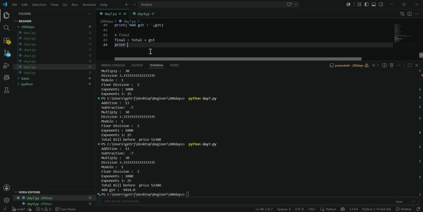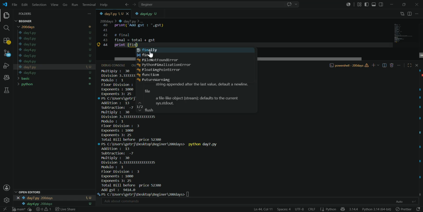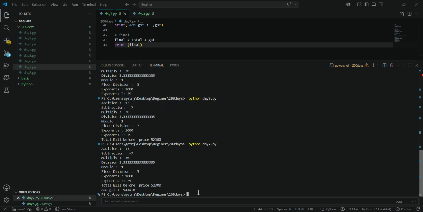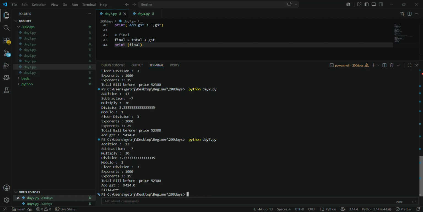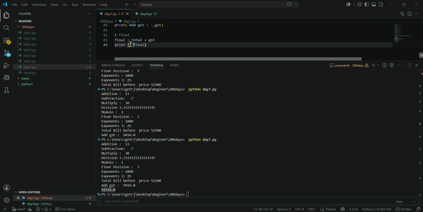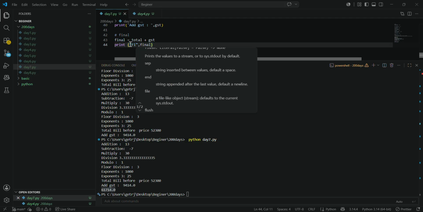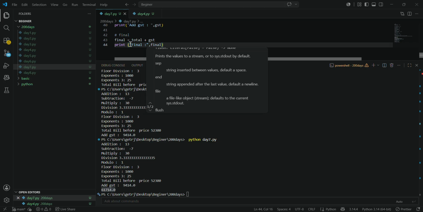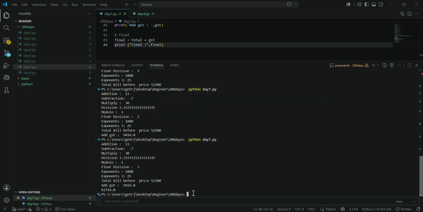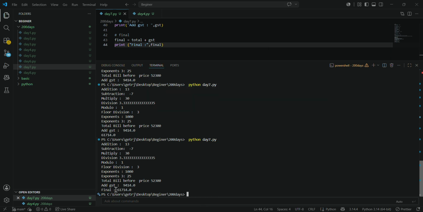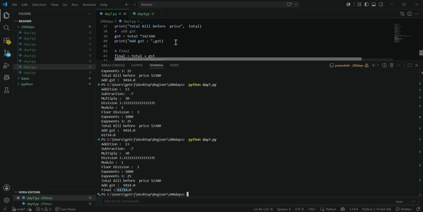Print final. And now we are adding the final result. This is the final result. Final bill after adding GST. So the result is 61,714. When we don't want a decimal number, we add float.